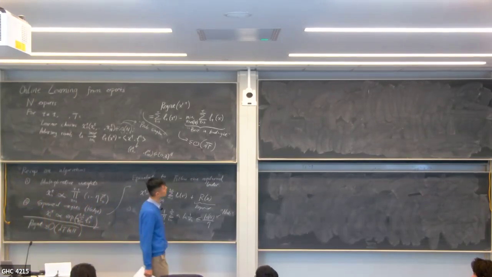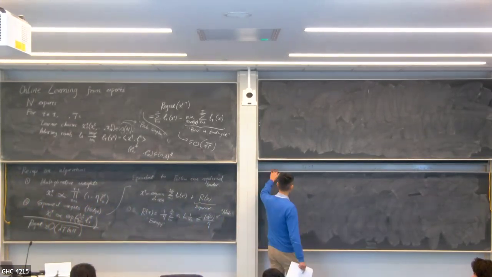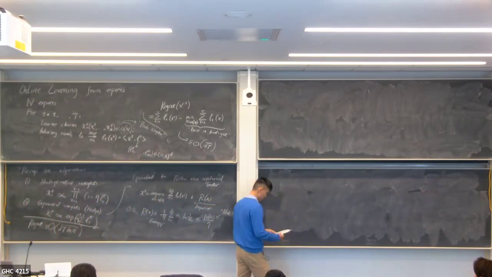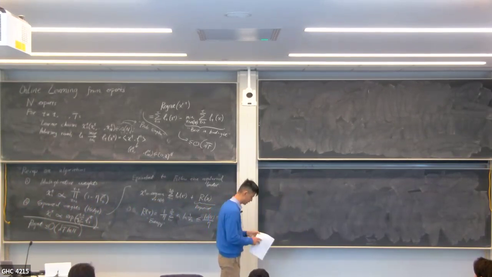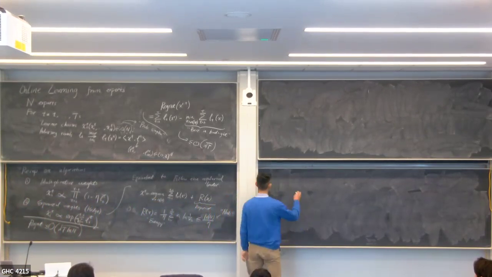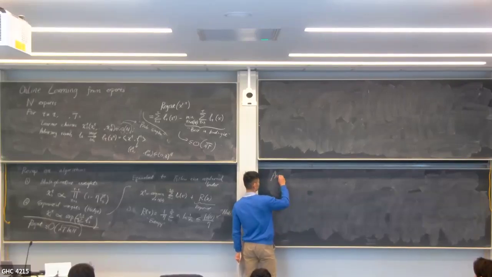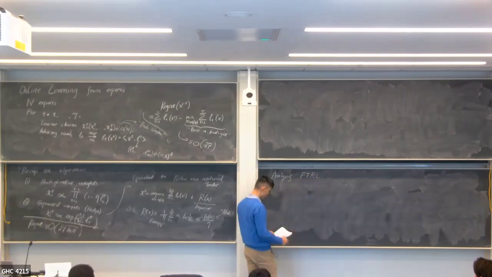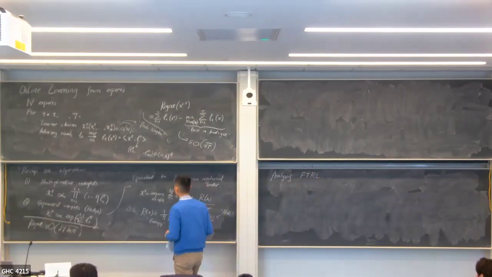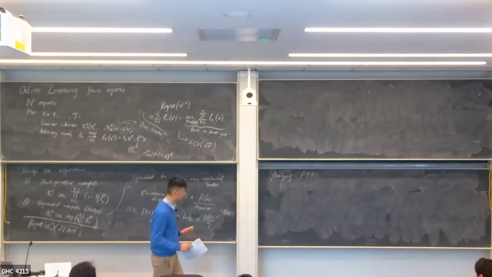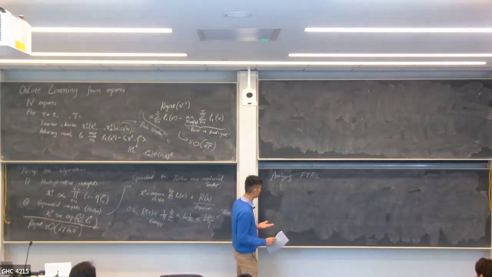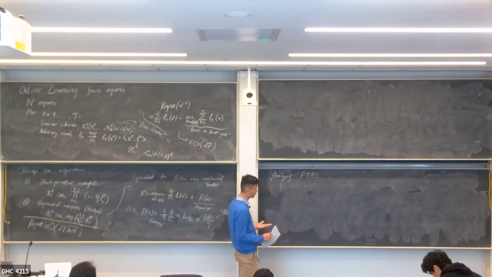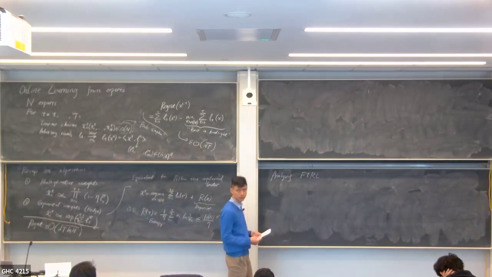So let me try to clean up some of the analysis we did last time. The goal here for the next few minutes is to analyze FTRL. Okay, so I wanted to hint at the idea that FTRL is sort of implementing this principle called optimizing with stability.